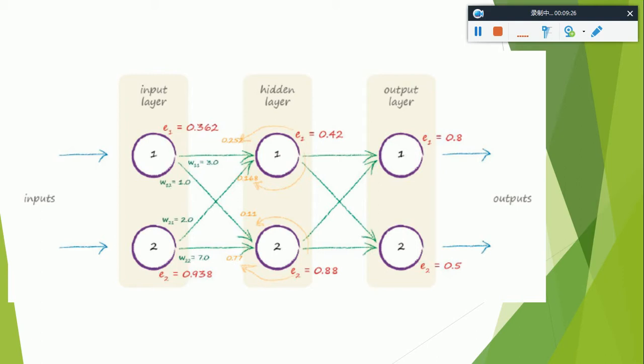And then we calculate the error at the input level of row 1. This is what we call backpropagation.